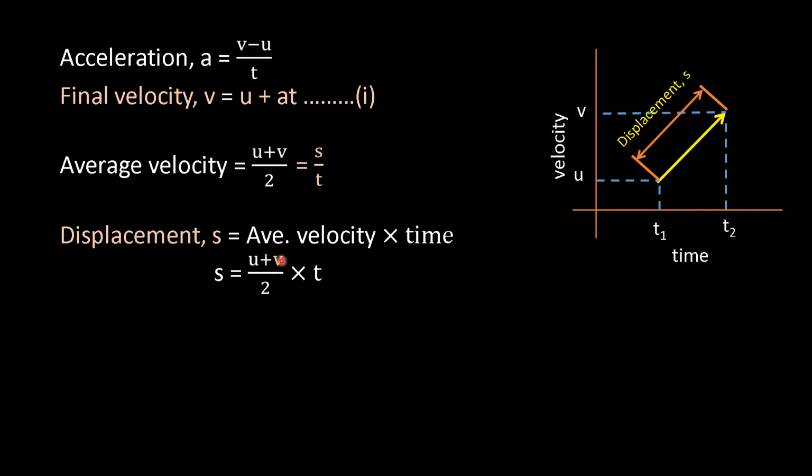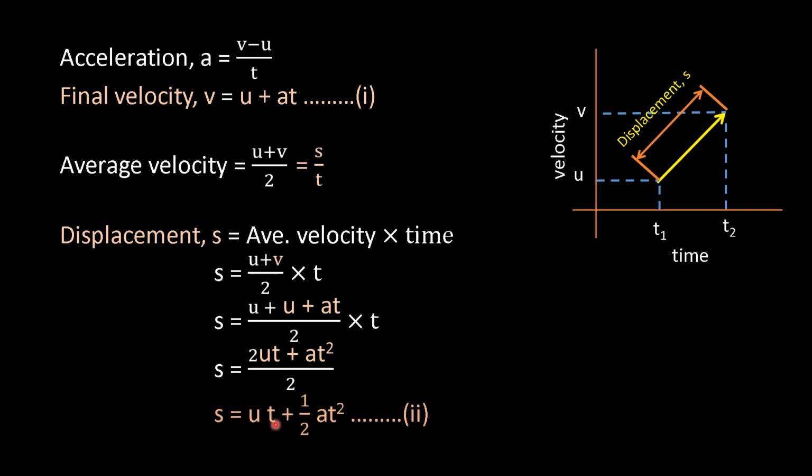Here, in place of v, we will substitute u plus at from equation 1. U plus u will be 2u multiplied by t, so it will be 2ut, and at multiplied by t will be at square. 2ut by 2 will be ut, and at square by 2 will be half at square.